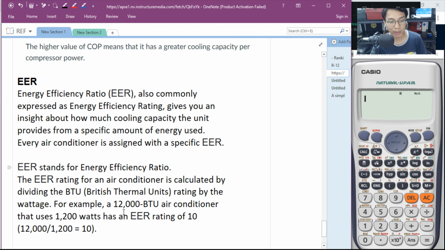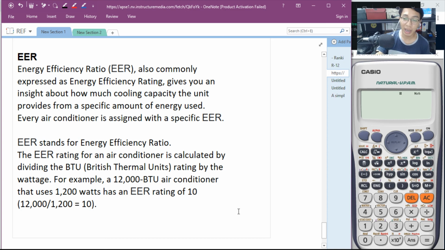EER stands for energy efficiency ratio. And it is calculated by dividing the BTU or the British Thermal Units rating by the wattage power. Example, 12,000 BTU air conditioner that uses 1,200 watts has an EER rating of 10. So, the higher the EER, the better.